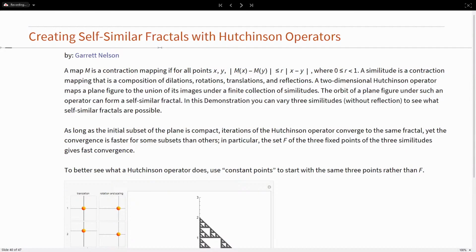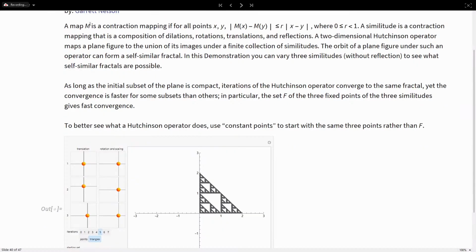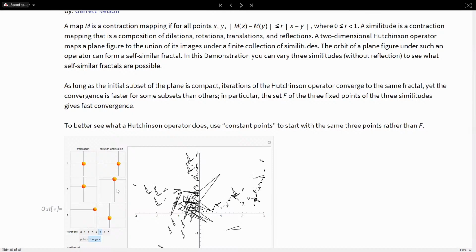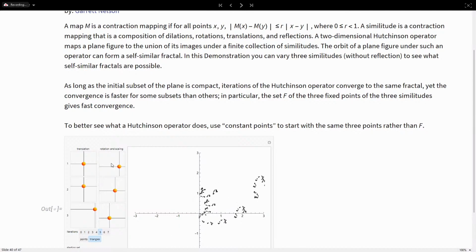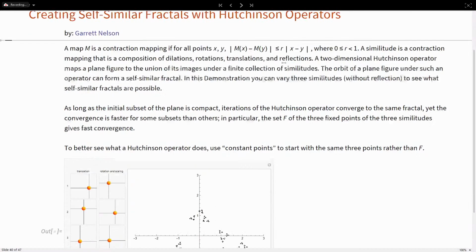We can also do fractals with matrices. So we have a mapping for points, which is based on 2 matrices. And as we modify the matrices, we get different fractals, as shown here. This is a demonstration by Garrett Nelson.